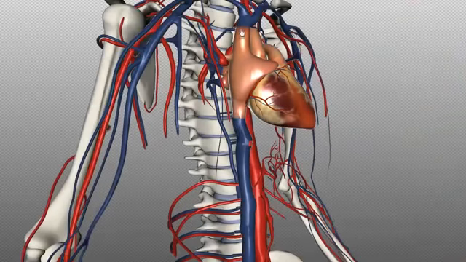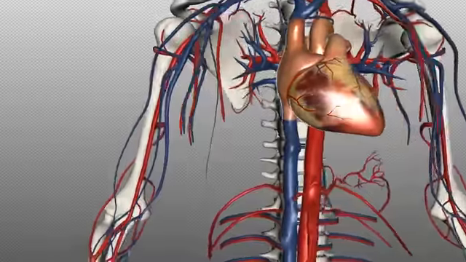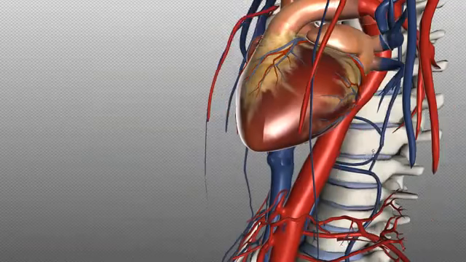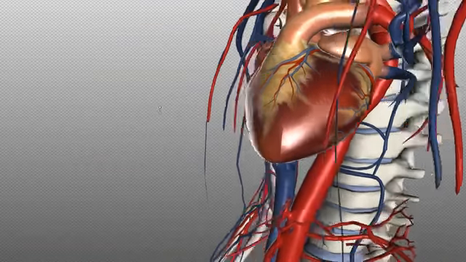So you've got the azygos vein on the right side, and the hemiazygos and accessory azygos veins running up the left side.